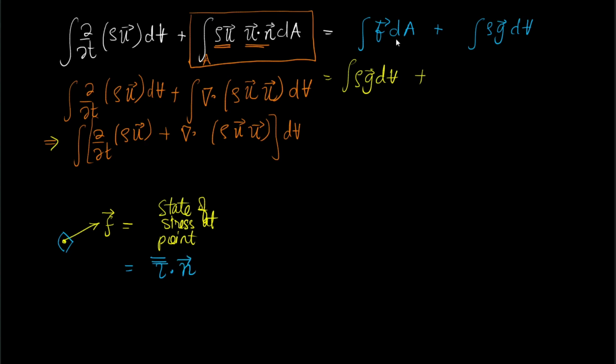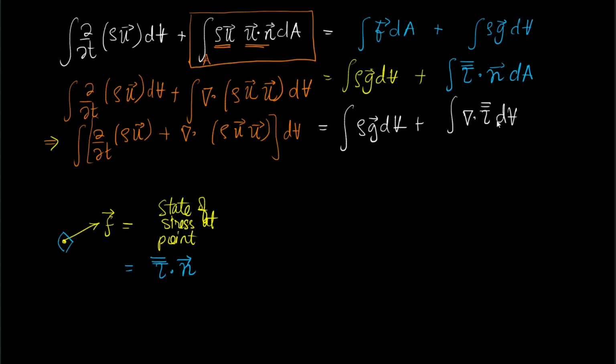Alright, so this particular term is equivalent to writing plus integral tau dot n dA. So the right hand side becomes integral rho g dV plus, we can make use of the divergence theorem to write this area integral in the form of a divergence, but in this case the divergence will be of the stress tensor.